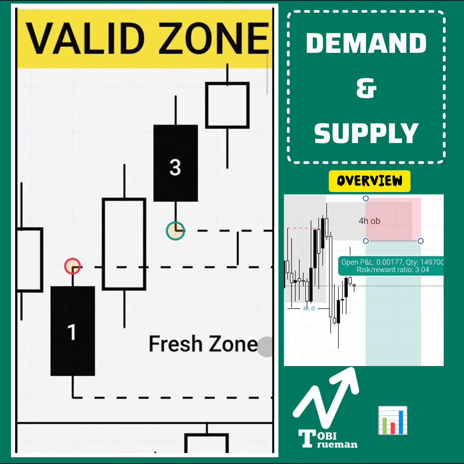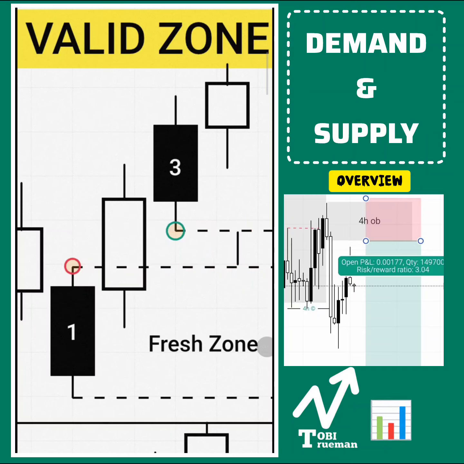You can see on your screen the high point of candlestick 1 and the low point of candlestick 3. In between the low point of candlestick 3 and the high point of candlestick 1, cutting across candlestick 2, you see that there's a space. In smart money concept, we usually call it a fair value gap.